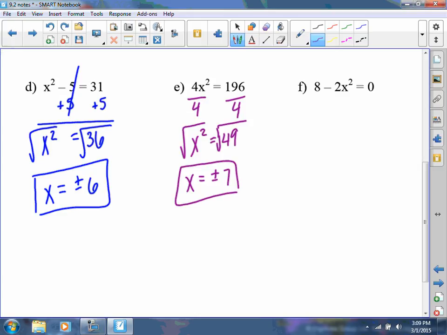Okay, and part F now. This one has 2 steps to it. I have some addition that I have to undo, and I have some multiplication that I have to undo. So I have this 8 that's being added to the 2x squared. So I have to get rid of it. So I'll subtract the 8 over to the other side. Now remember, that minus stays with the 2, so it becomes like a negative 2x squared now.